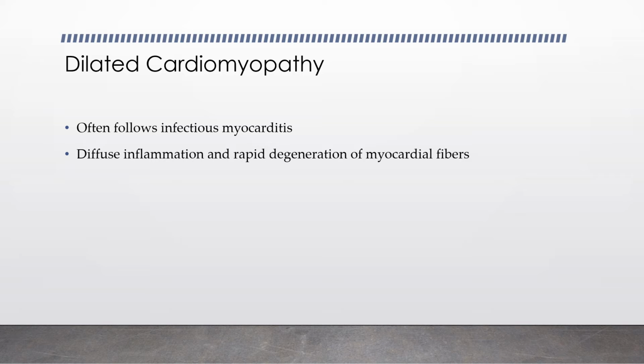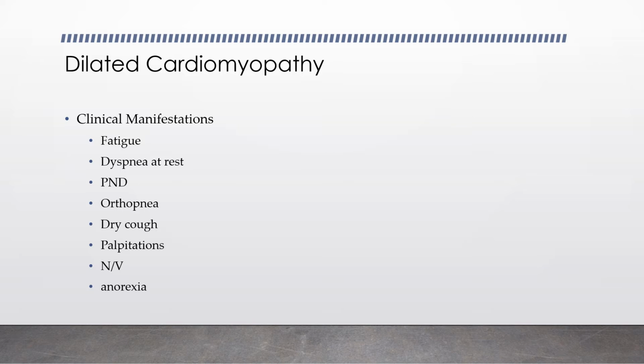Interestingly enough, there can be a genetic factor to dilated cardiomyopathy as well. Or many times, sometimes, we don't have a cause, just like the other forms of cardiomyopathies. So going over some of our clinical manifestations, you will realize that these are very similar to heart failure symptoms because that's what they are.